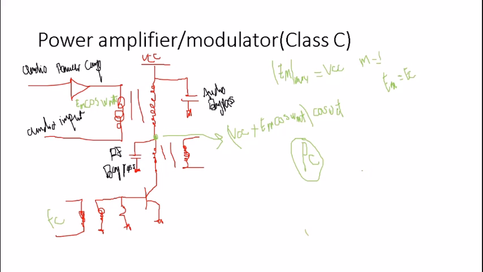If we have the power of the carrier, we can find out 3 important things that will help us to design this modulator. First thing we can find is the power coming out of the audio amplifier. So first we have power coming out of audio.